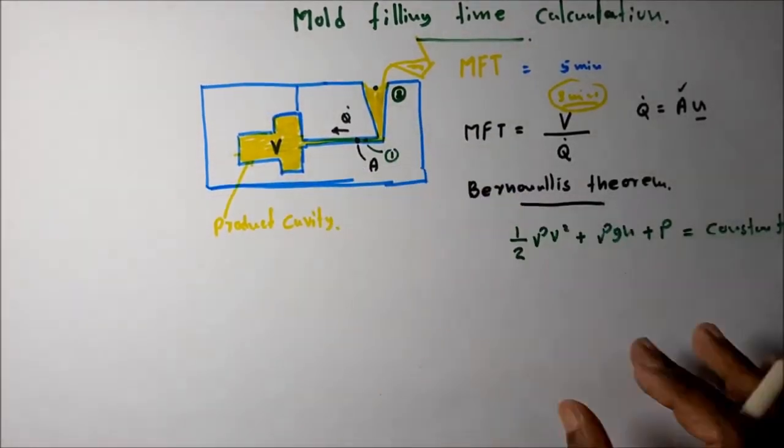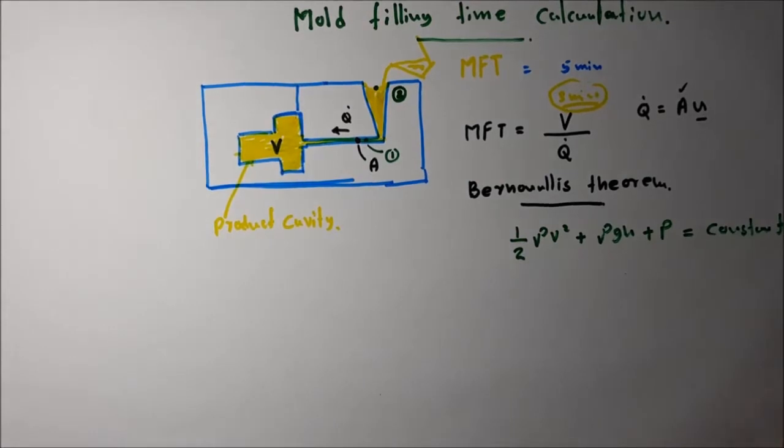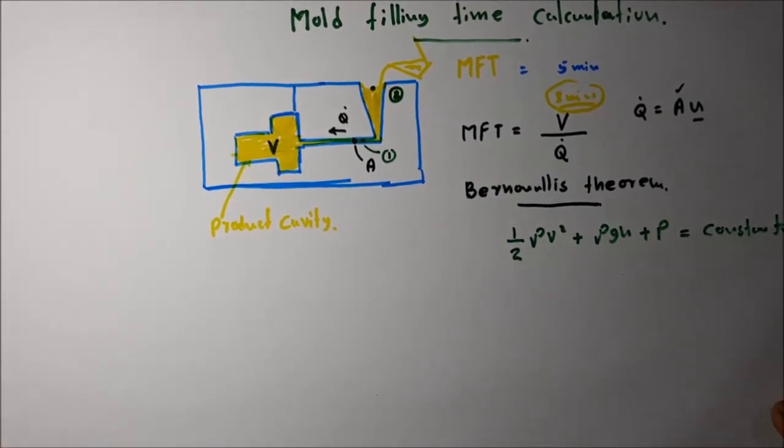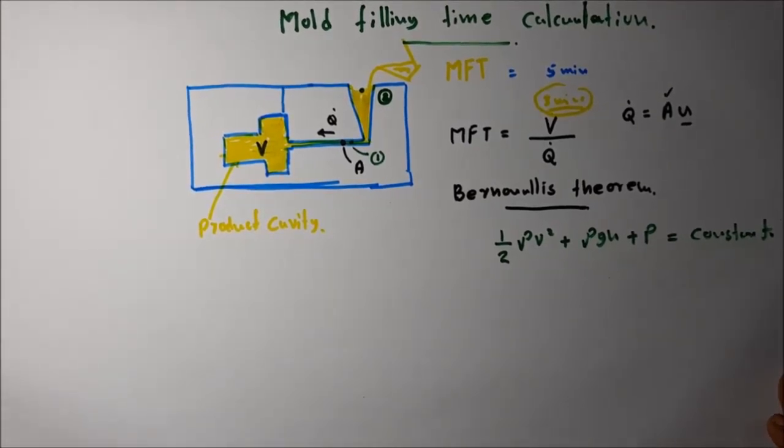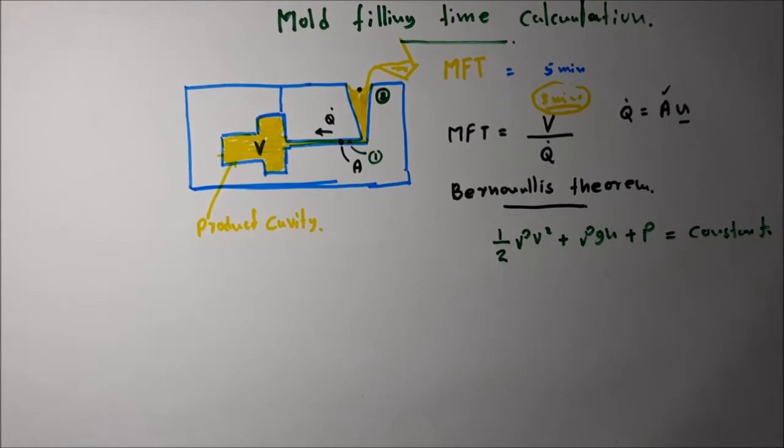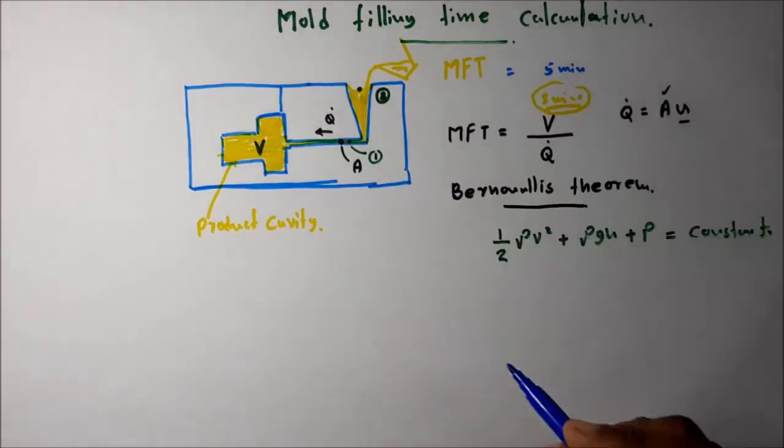For this calculation also we are going to ignore the frictional losses. Keep that in mind. Then I am going to apply Bernoulli's theorem to these two distinct points, point 1 and point 2.